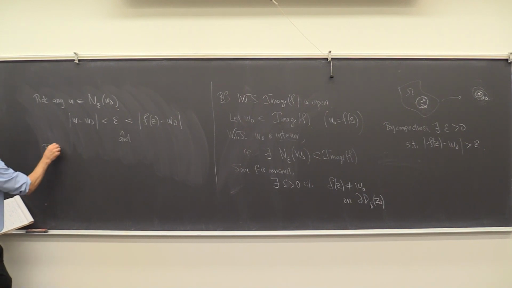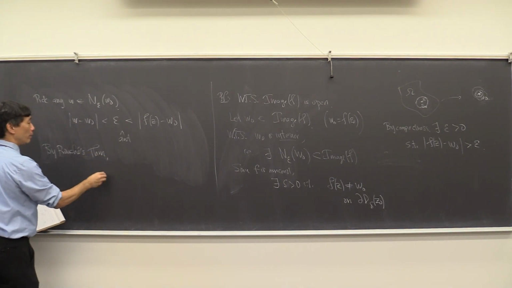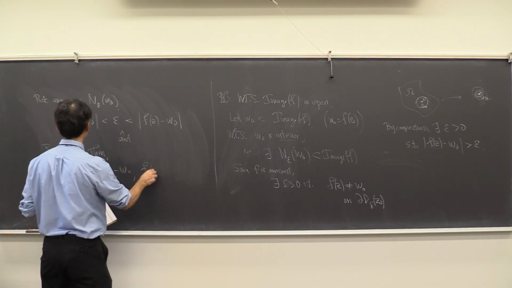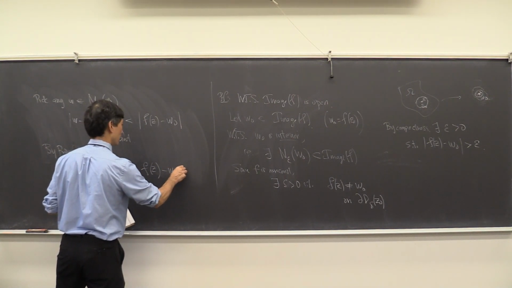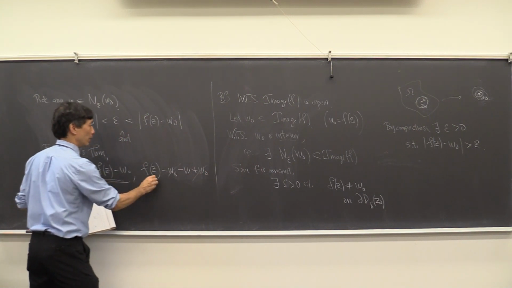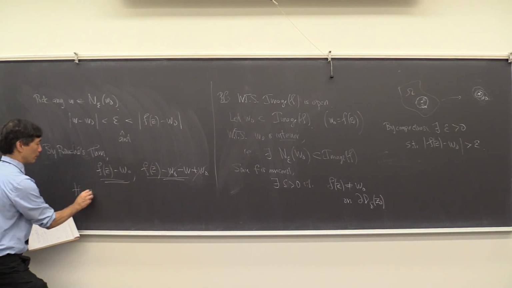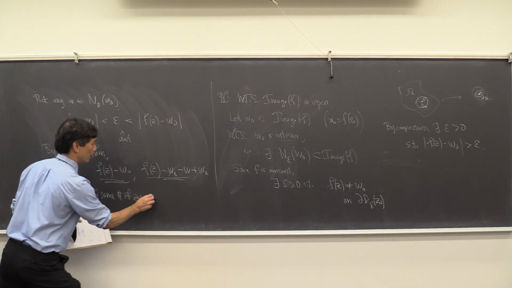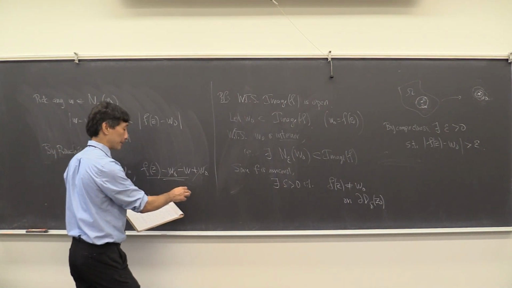By Rouche's theorem, we know that these two guys have the same number of zeros inside of that disk, right?